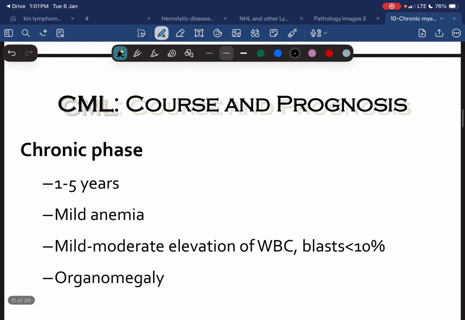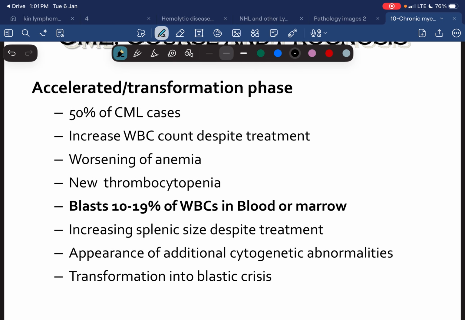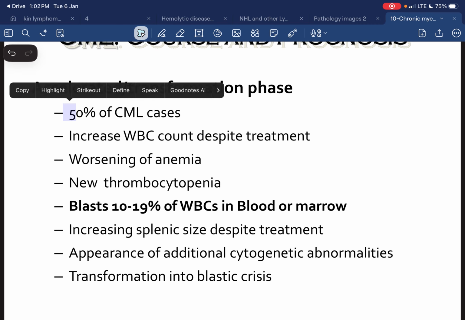Okay. After the transformation zone, the patient may enter the blastic phase, the blastic crisis, when the blasts in the bone marrow or peripheral blood exceed 20%. Of course, not all patients with CML go in this order of chronic phase, accelerated phase and blastic crisis. 50% can enter the blastic crisis without being in the transformation zone.